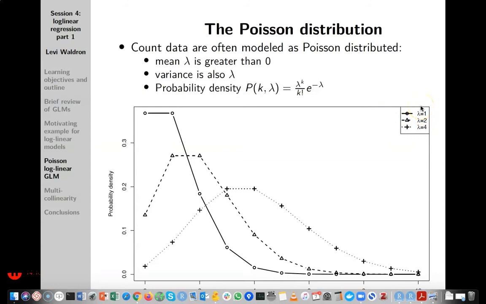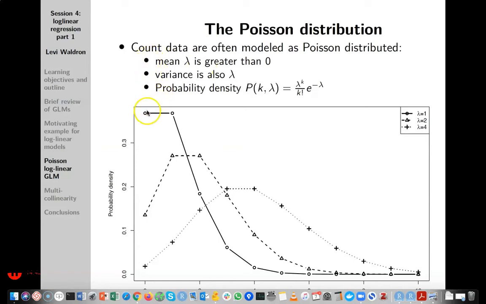Whereas the normal distribution has a mean and standard deviation, this just has one parameter, lambda, and that parameter is actually equal to both the mean and the variance. So it's actually in a way even simpler than the normal distribution in that its mean and variance are the same, and that one parameter defines the entire distribution.